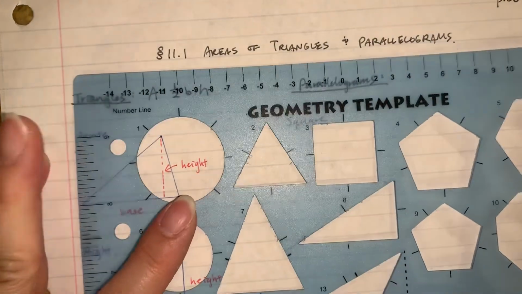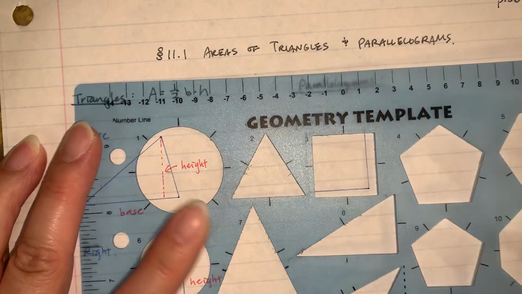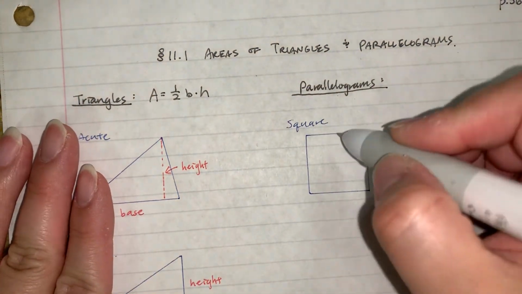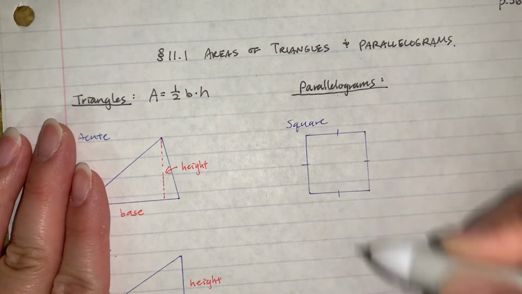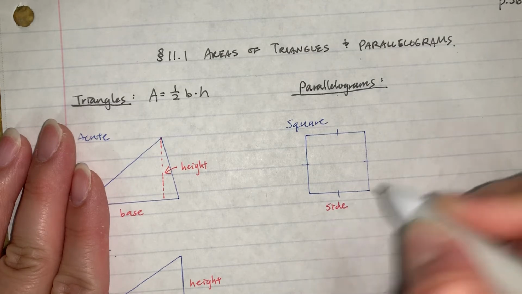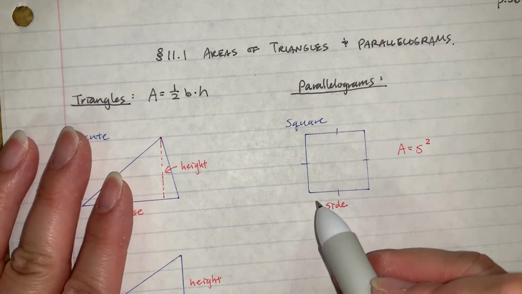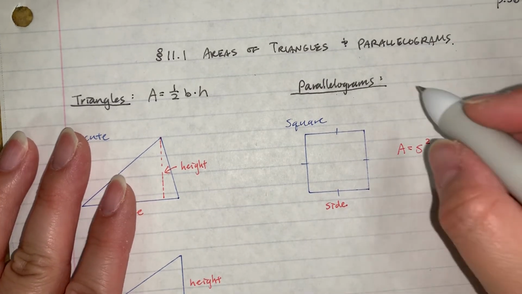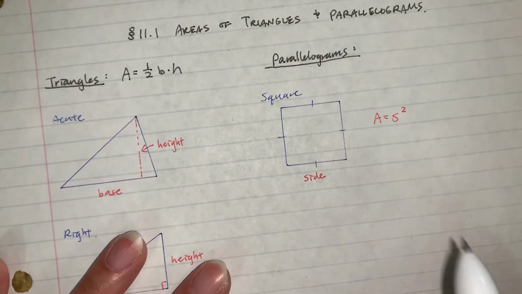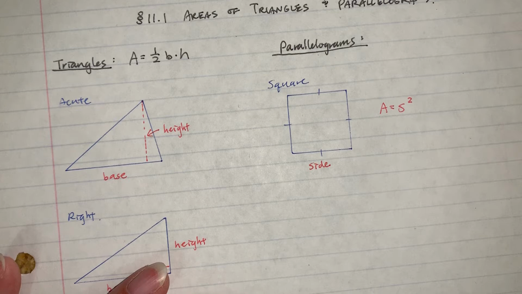Number 3 is a perfect square. As you're tracing it out, you will see that a square has a very unique trait: all the sides are the same. So for a square, all you need is just one side, and your area is that one side multiplied by itself because it's literally base times height. Of course, it has a generic formula too, but it doesn't really apply here because the square has both of them being the same.